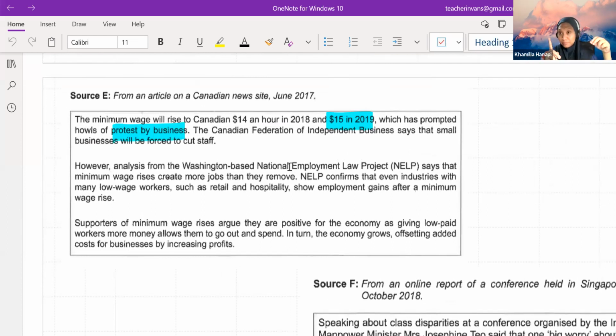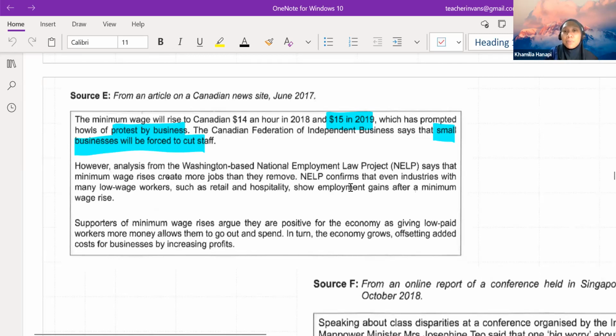$1. Why? Because $1 times 1,000, $1 times 20,000, that's a lot of money for companies, right? Especially if you are a small business, that is even harder because you have to incur more costs. And it says here that minimum wage rises create more jobs than they remove.